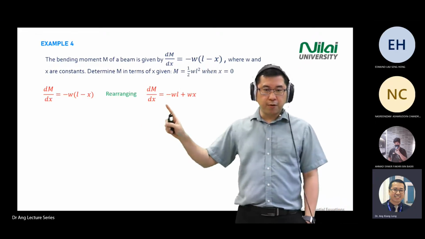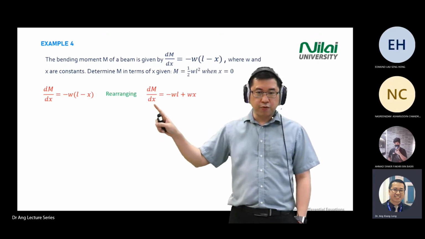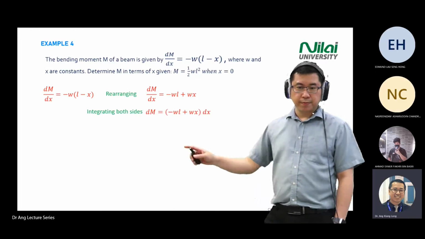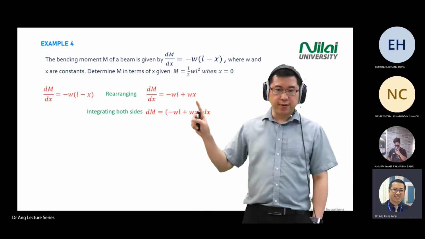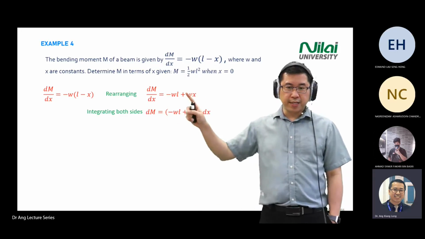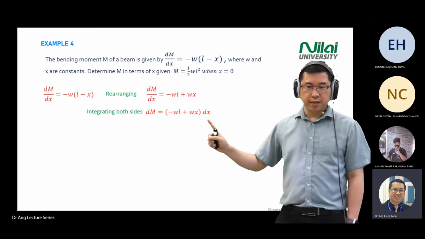So from here you open the bracket, you multiply, you get this one. Next you move the dx to the right hand side, and I would like to put it in brackets.